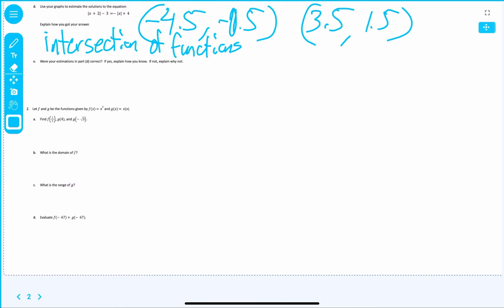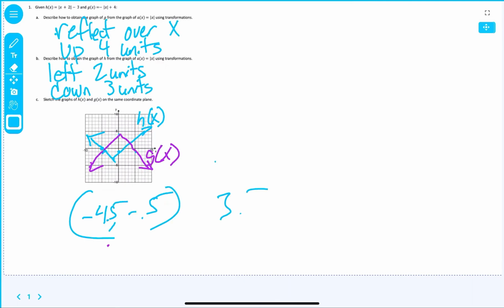It looks like my graph is a little bit off with my line because they check 2.5 and not 3.5 as x.